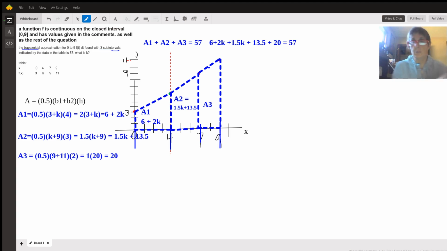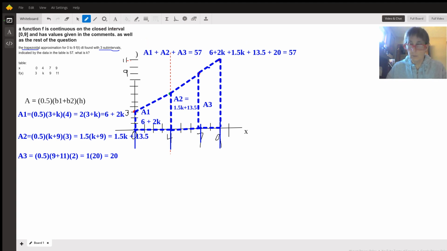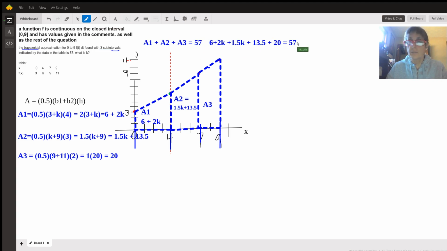So let's combine all our constants. This is 6 plus 13.5 plus 20. Let's just start a new one. The constants equal 39.5, and we add our like terms, which is 3.5k, and that equals 57.